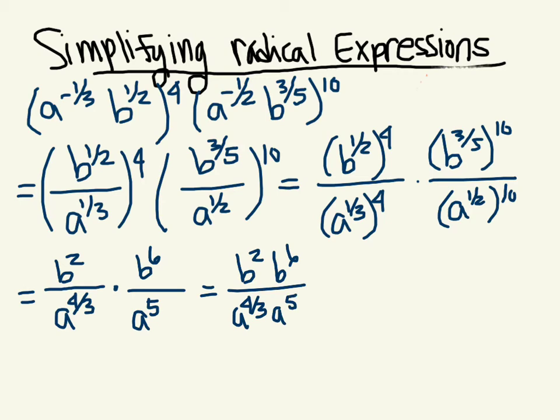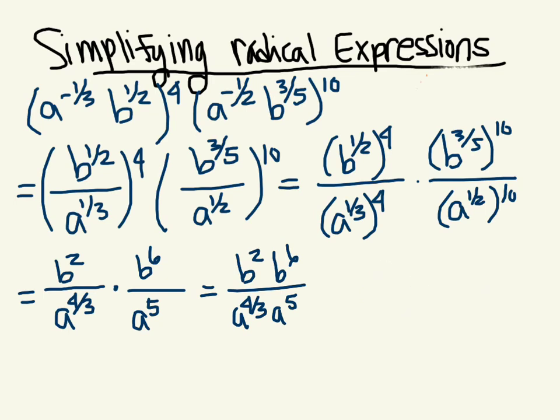But I'm still not quite done. I'm going to use the rule that says a to the n times a to the m is a to the n plus m. What this is basically saying is that if you have the same base, then you can add the exponents and keep the same base.